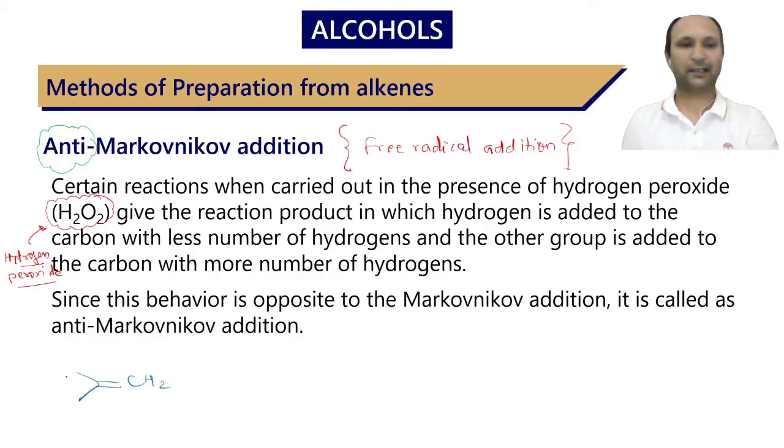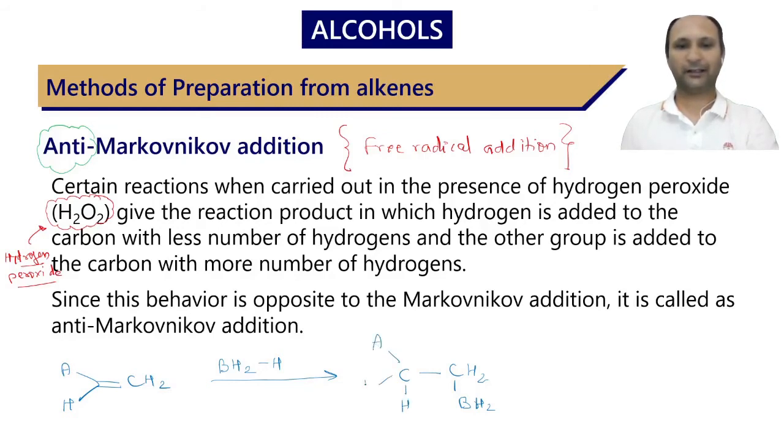So this is our reactant alkene. This reacts with, I'll just write BH2 and H here. So what do we get? We get a product in which BH2 is added to this carbon and H is added to this.